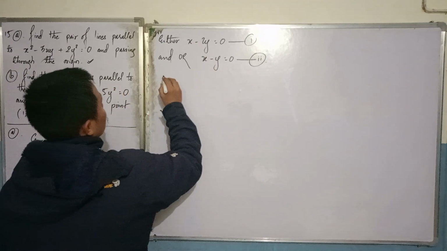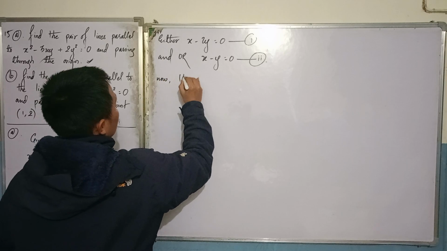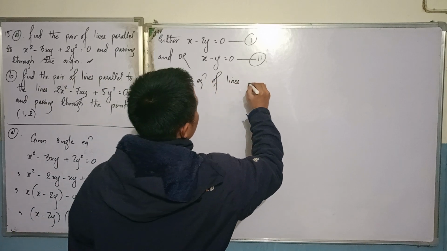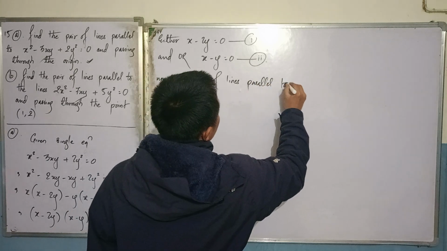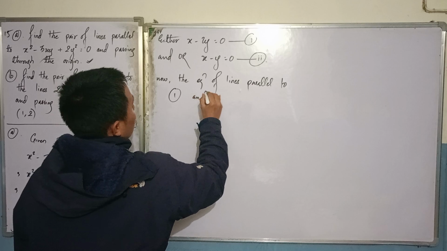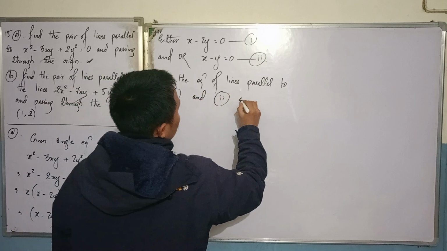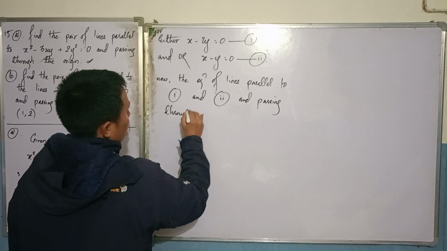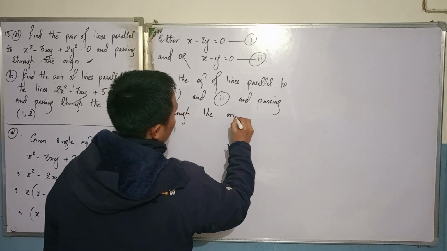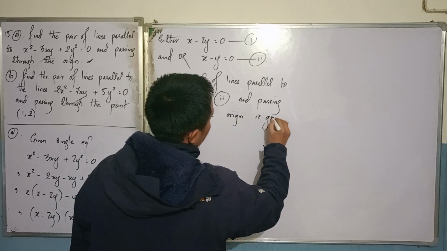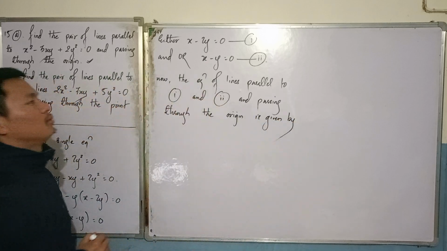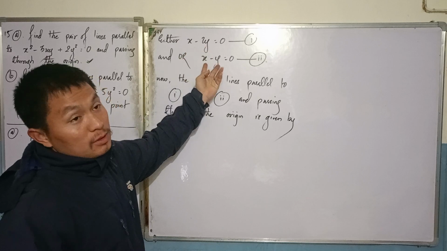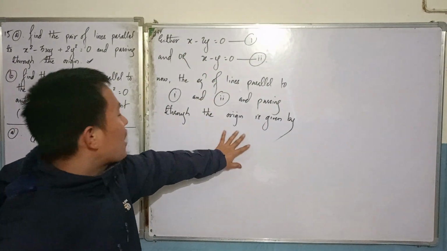Now the equation of lines parallel to I and double I and passing through the origin is given by, so in case of parallels, this part will be the same.